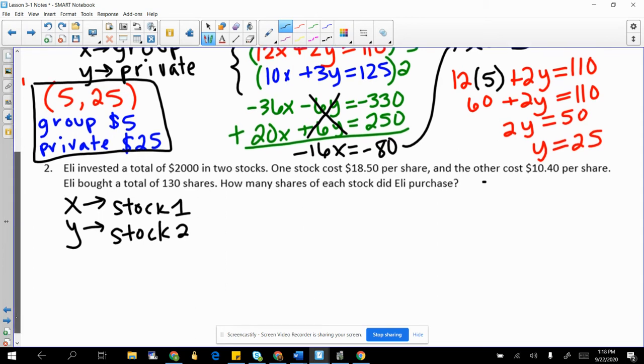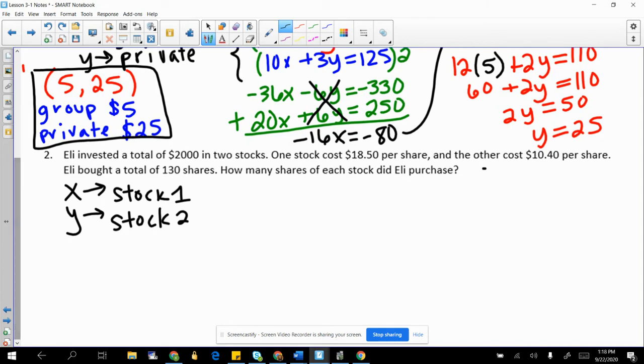Okay. So our system here, let's think about this. So remember, we like to put all of the money information together usually. So we've got stock 1, $18.50 per share, and stock 2, $10.40 per share, and his total is $2,000.